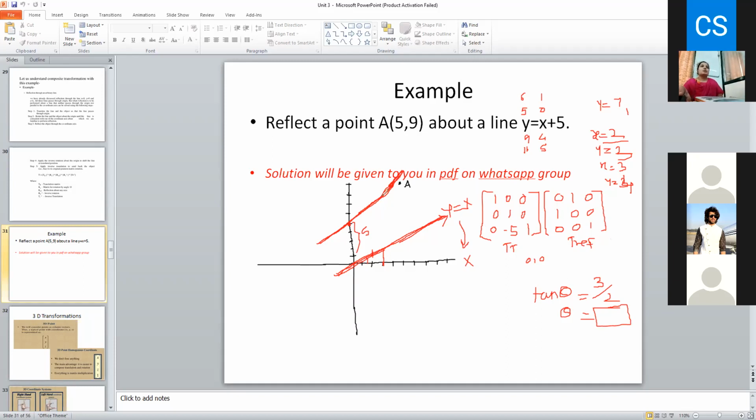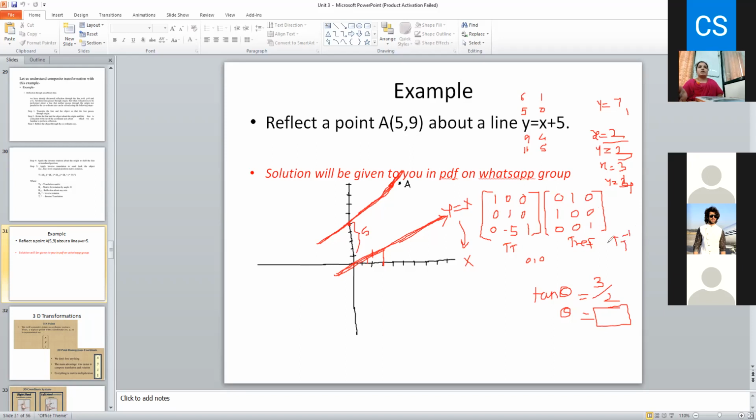So that is how you have to do translation first, then a rotation if required. Here rotation is not required because already the coordinate axis we are getting after shifting it down, so y equal to x axis is only available. So directly I can carry out the reflection. And then again T translation inverse.